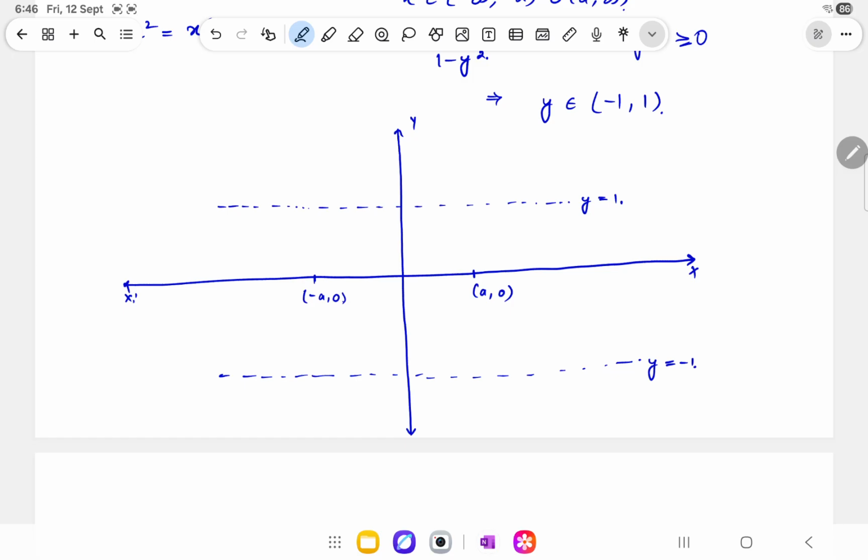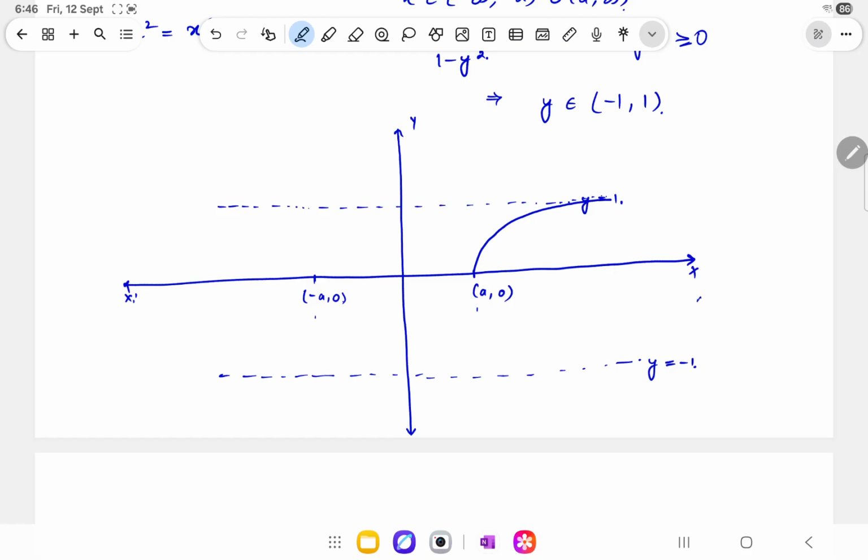So also it is symmetric along both the x-axis and y-axis, and our curve is taking x values from here to here and here to here, and y in between 1 and -1, and at y equals 1 and -1 we have asymptotes. So in the first quadrant our curve will be somewhat like this.